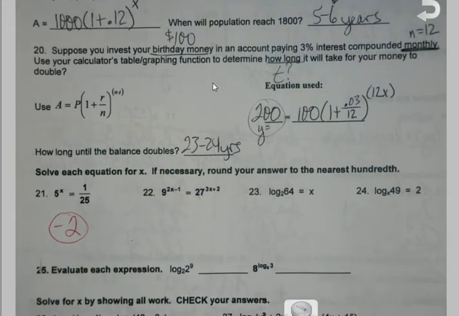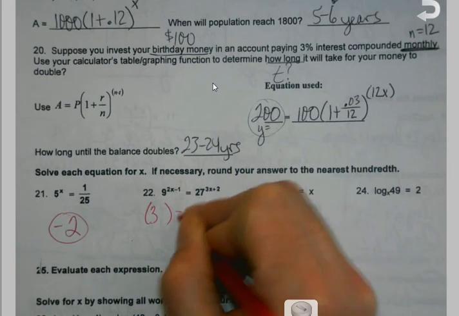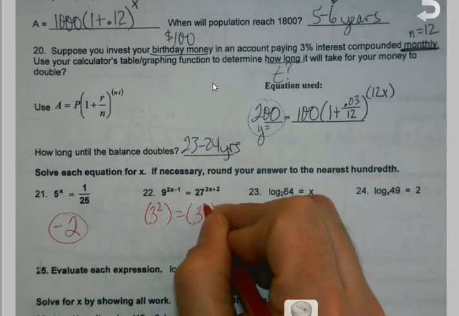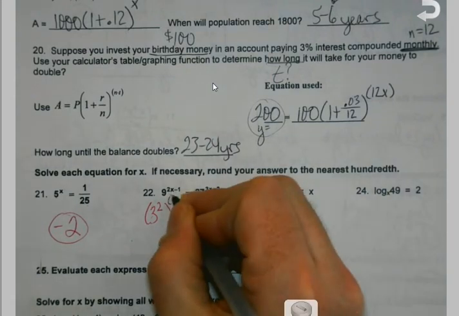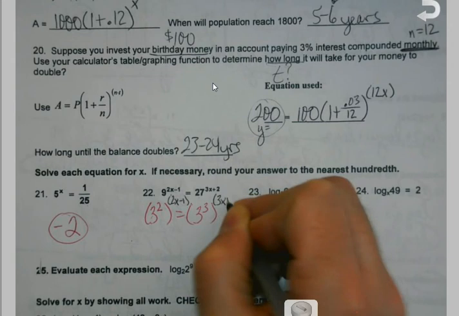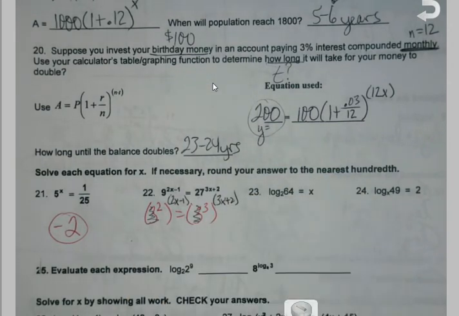Here, I got to have a same base. I can't take 9 to some power to get to 27. So I'm going to turn these both into bases of 3. 3 squared is 9. 3 cubed is 27. And we said before, basically what's going to happen here is those bases, once they're the same, are going to leave me.